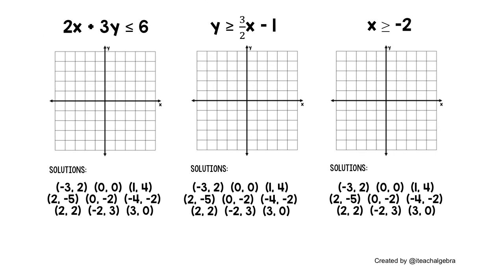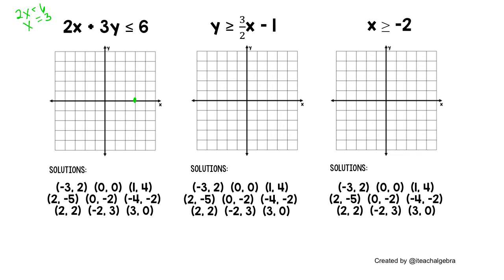Let's look at a little bit different ones. We've got 2x plus 3y is less than or equal to 6. This is set in standard form, so I'm going to check for the intercepts. I can say 2x is equal to 6. That means x is 3 as my x-intercept.